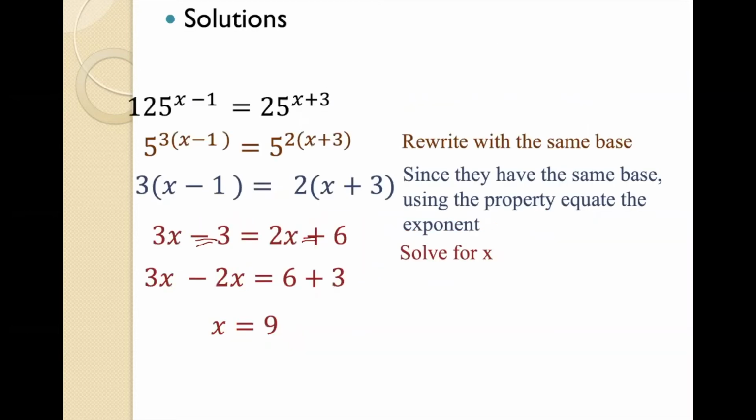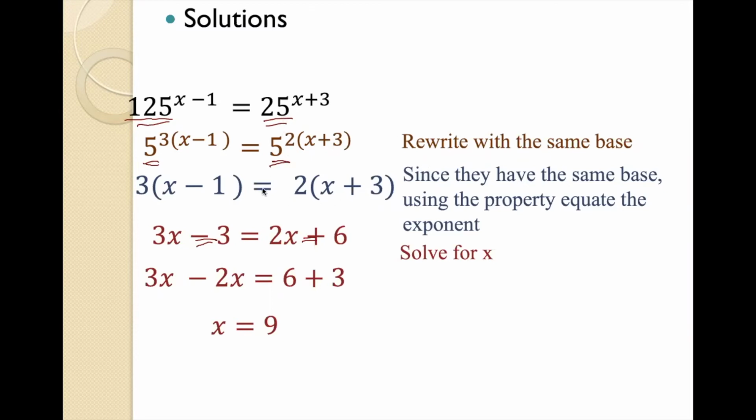So another example, this time you have 125 raised to x minus 1 equals 25 raised to x plus 3. Again, first step, we write them with the same base. 125 and 25 can be written with the base of 5. So 5 raised to 3 for 125 and 5 squared for 25.